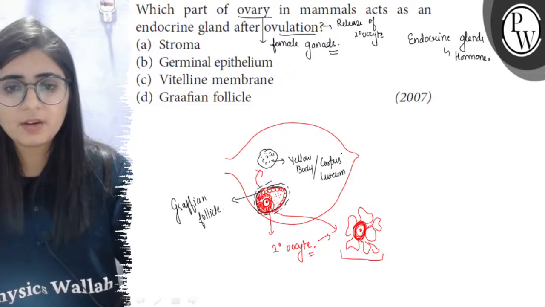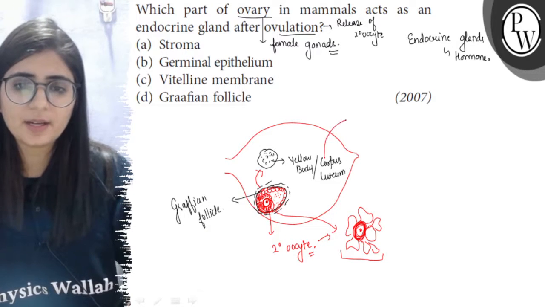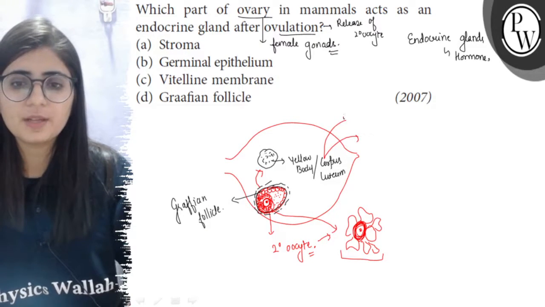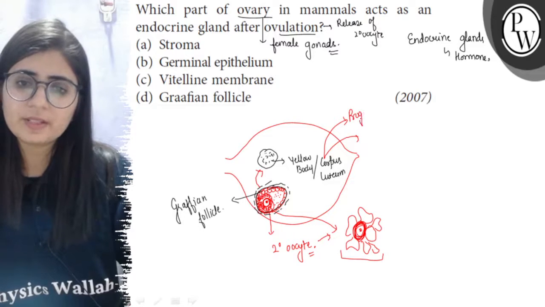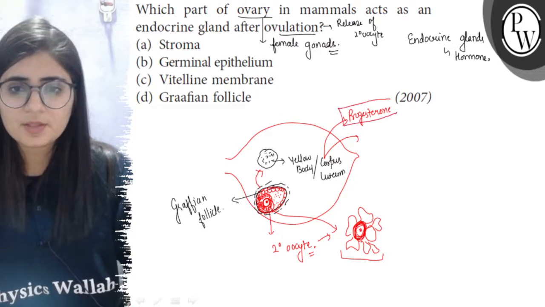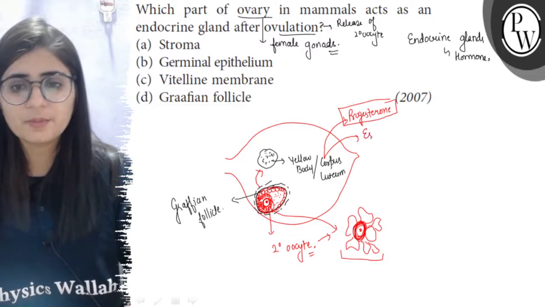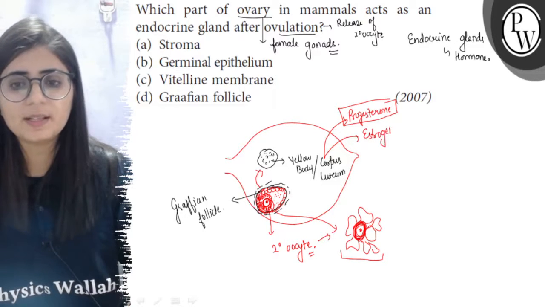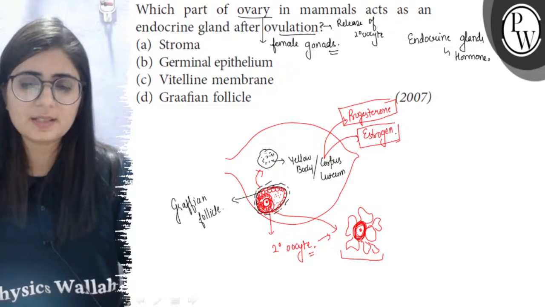So why are we calling it as an endocrine gland? Because it secretes hormone, and the principal hormone secreted by it is the progesterone, which is also known as the pregnancy hormone because it maintains pregnancy, and in small amount it also releases estrogen.